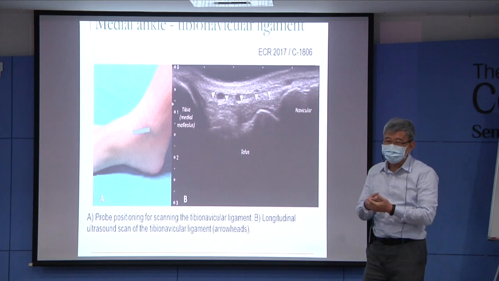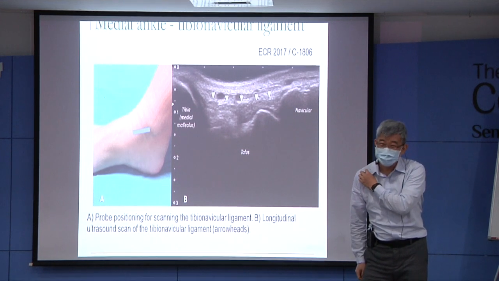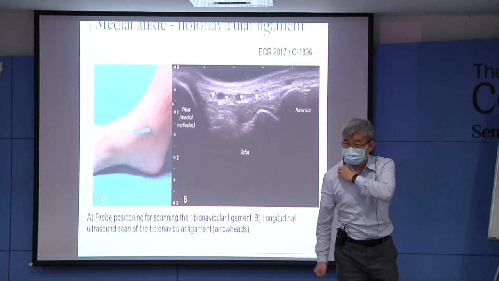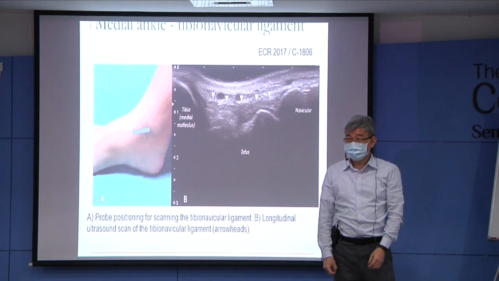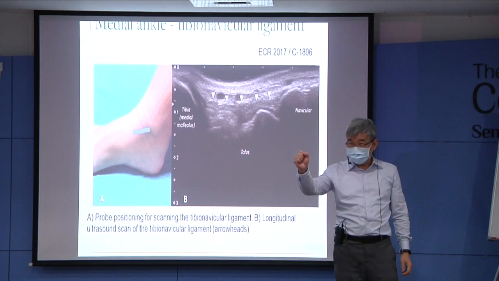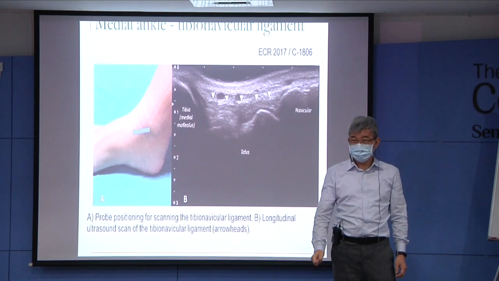I said, okay, don't worry, your wife does not mind. Because we took it out, made it powder, and put it into the gap. So in that case, we use ultrasound to look at the callus formation to ensure the operation is a success or not.